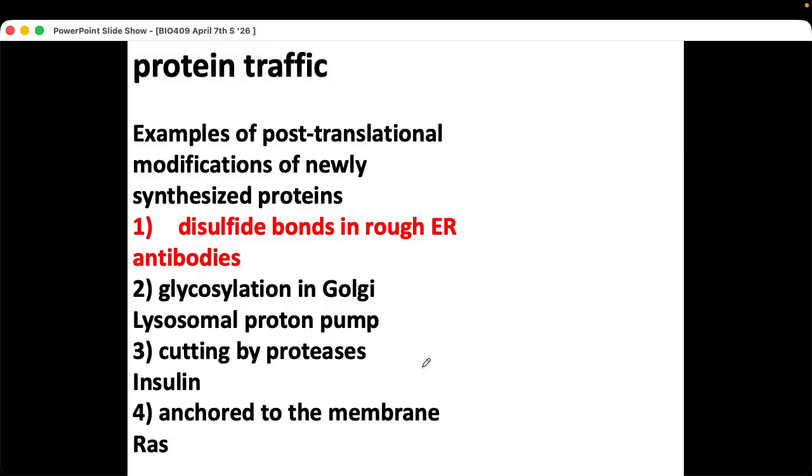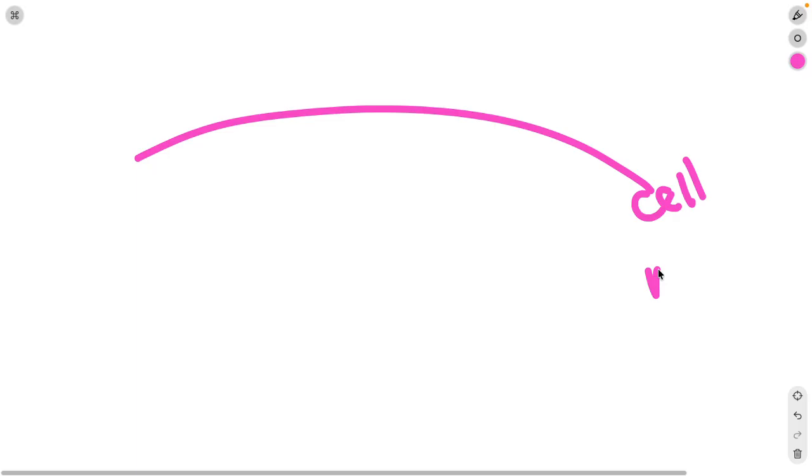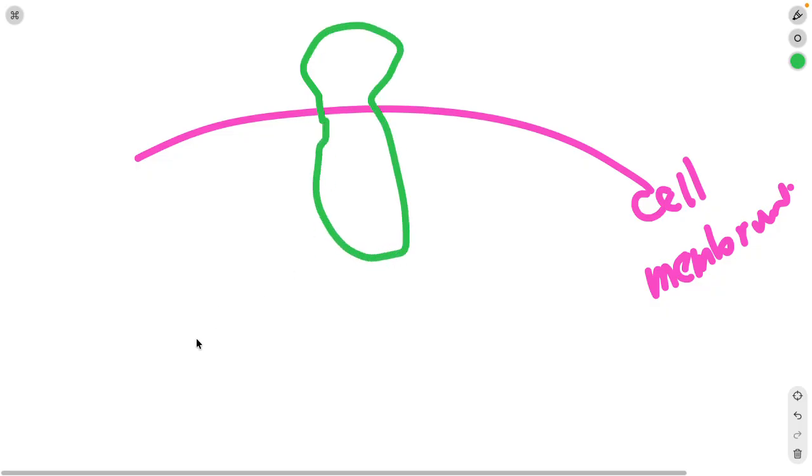Let's just use this example here too. We could talk about this. Let's say here's the cell membrane, and we have these transmembrane proteins, like, for example, the PDGF receptor.